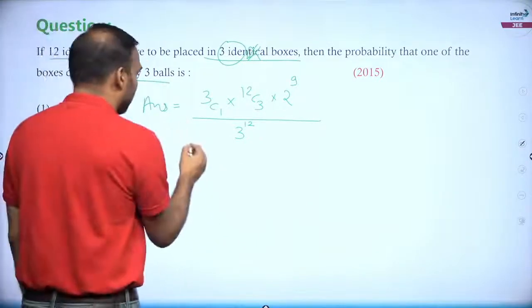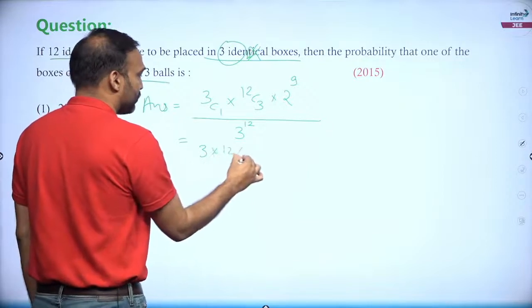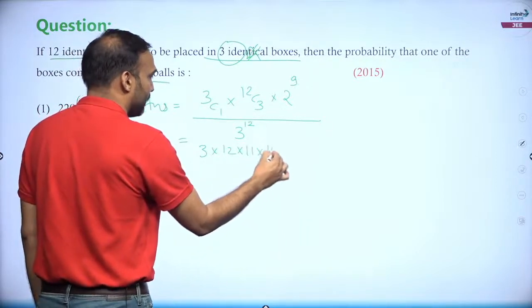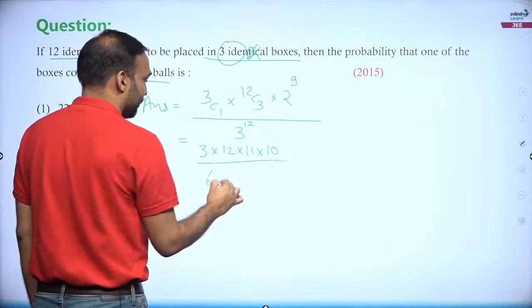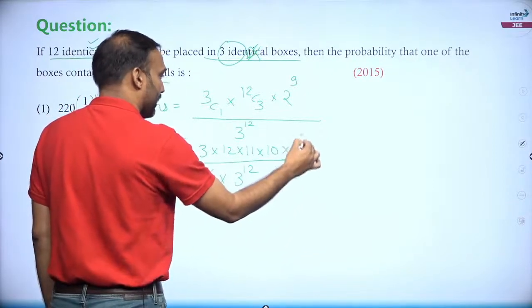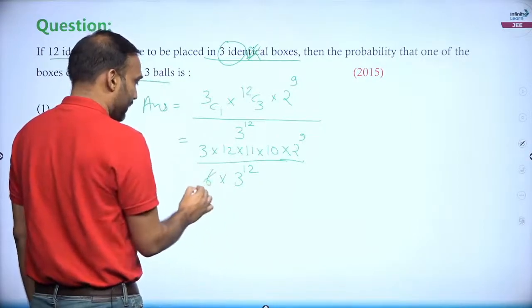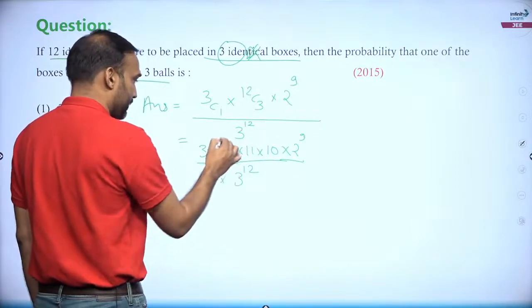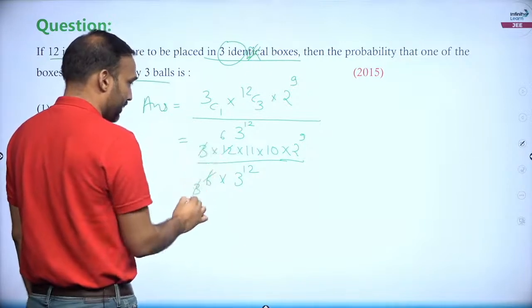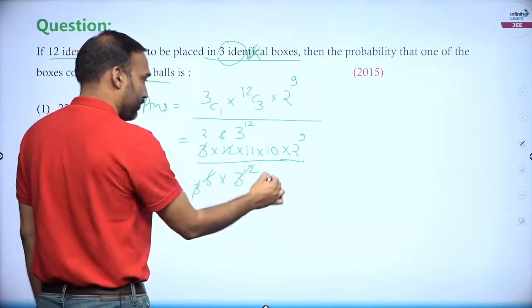Let us quickly simplify this. So 3C1 is 3, 12C3 is 12 into 11 into 10 upon 6, into 2 raised to power 9, upon 3 raised to power 12. Okay, so 1 2 gets out, this becomes 6, 1 3 gets out, 1 more 3 gets out, so it becomes 3 raised to power 11.